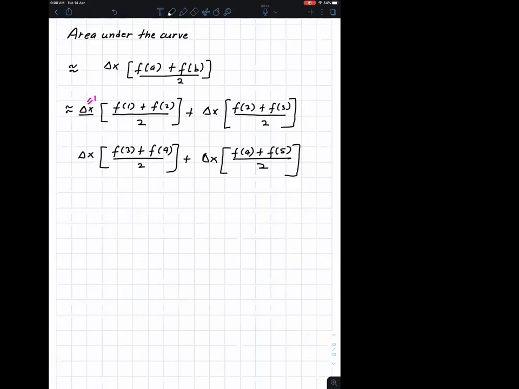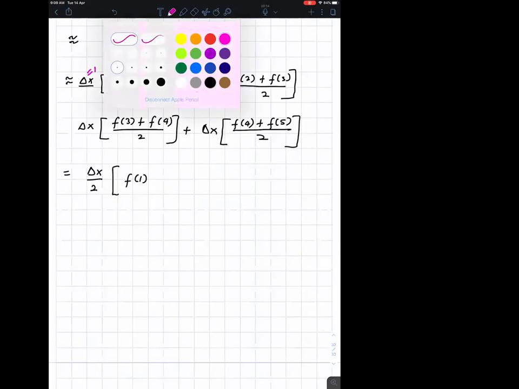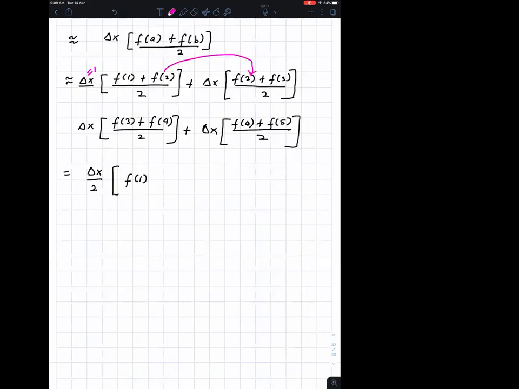That's what I can do. You can do it any way you like. I'm just doing this in a different way, more in teaching mode. You can just take out this delta x over 2, which is common for all, right? And then you can write like this, f1. And then you see right here, you have f2 here, and you also have f2 here, correct?